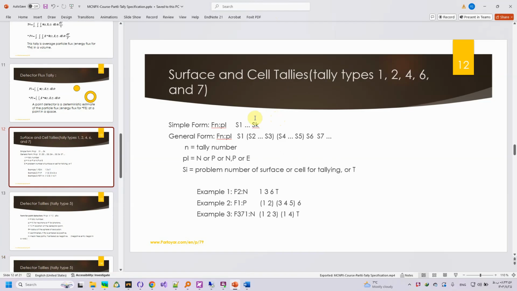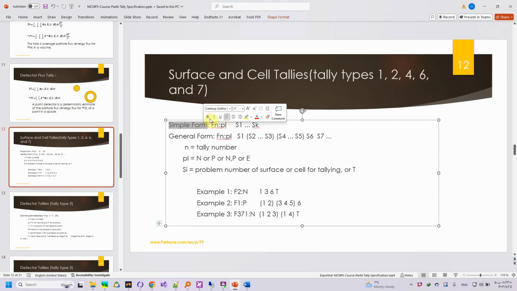Now, the tally types 1, 2, 4, 6, and 7 have a general form and a simple form. In this simple form, we say Fn. After that, we define the particle type.